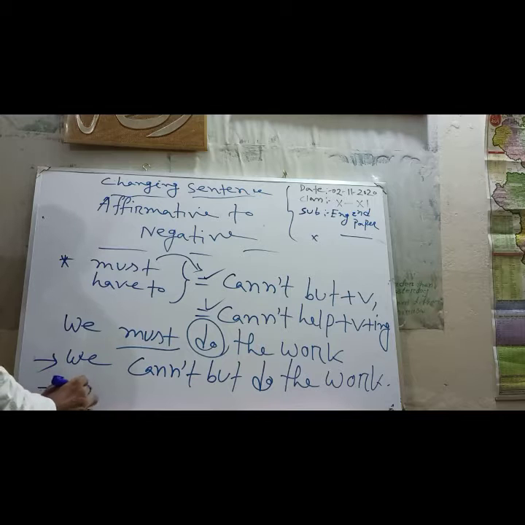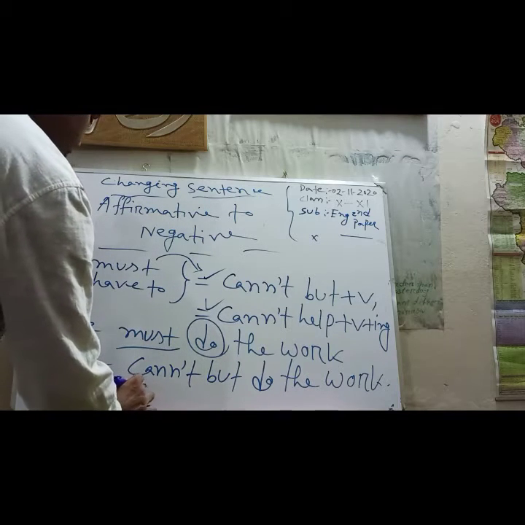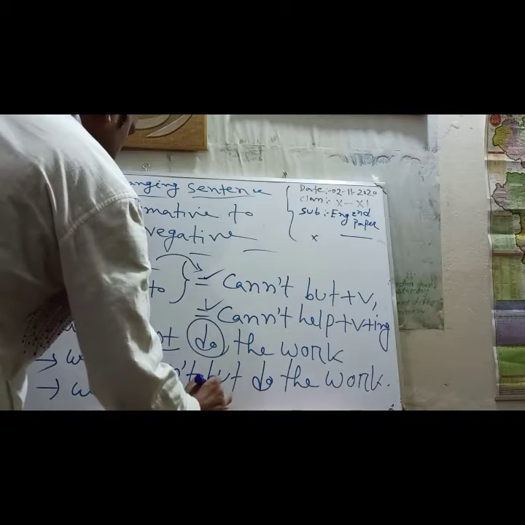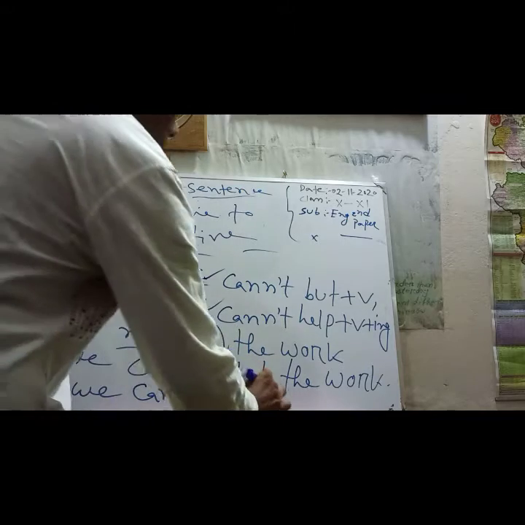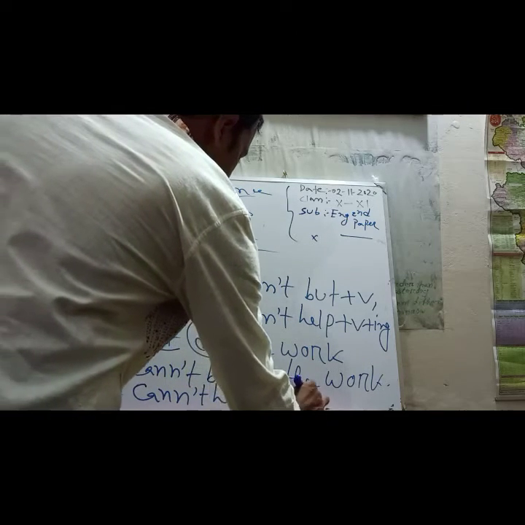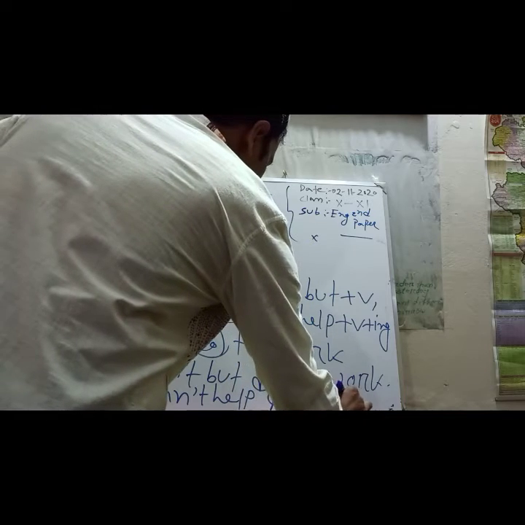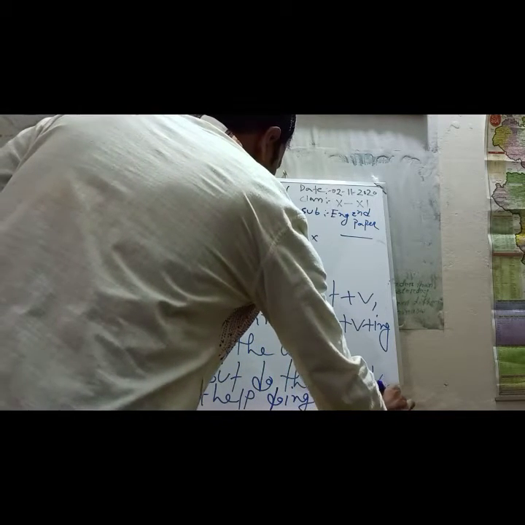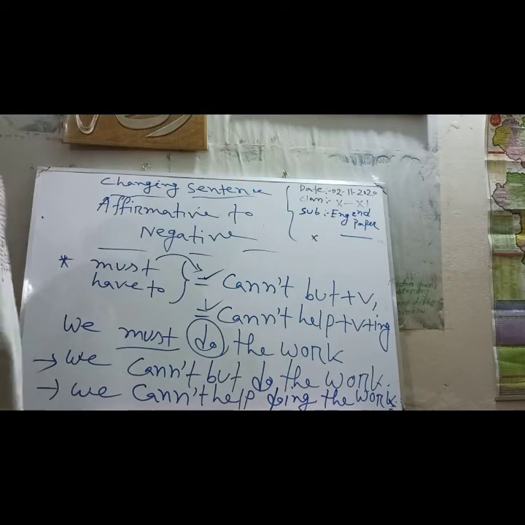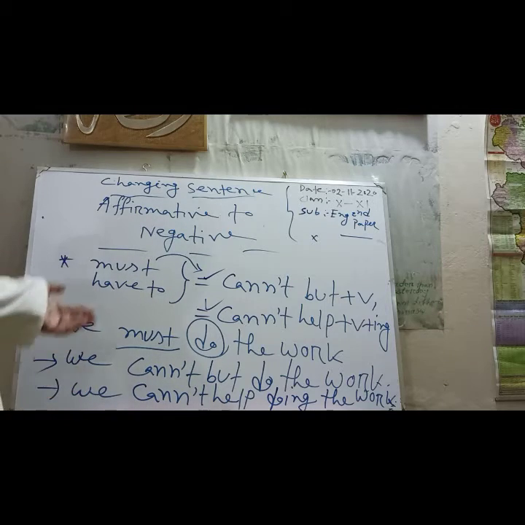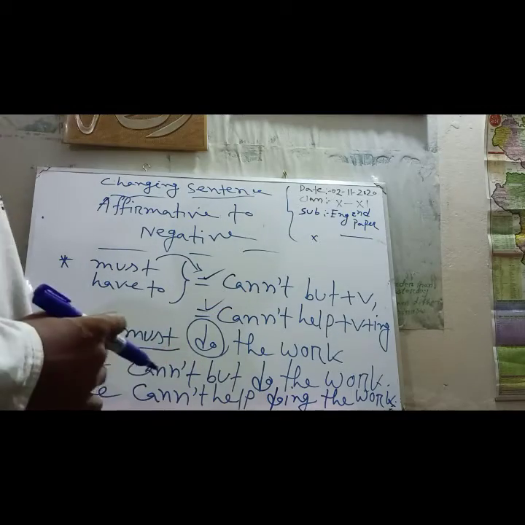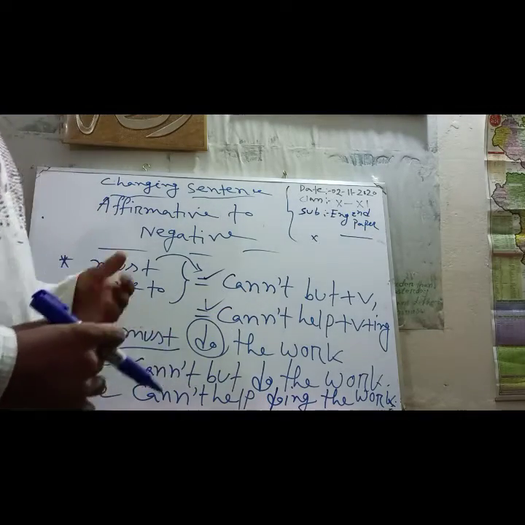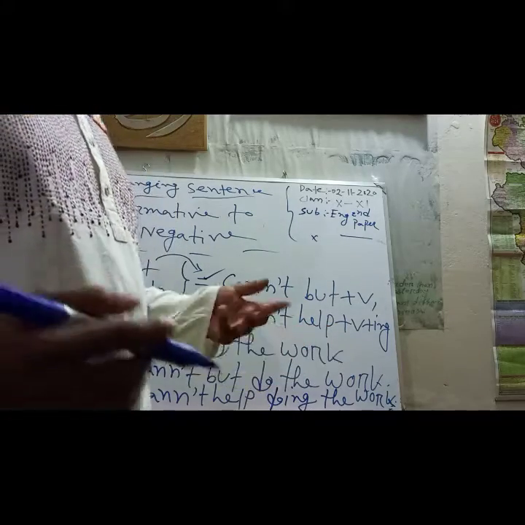But if we use can't help, then you use the ing form of the verb. So in an affirmative sentence, if we get must or have to, then we usually use can't but and then the present form of the verb. But if we get can't help, then we use the ing form of the verb.